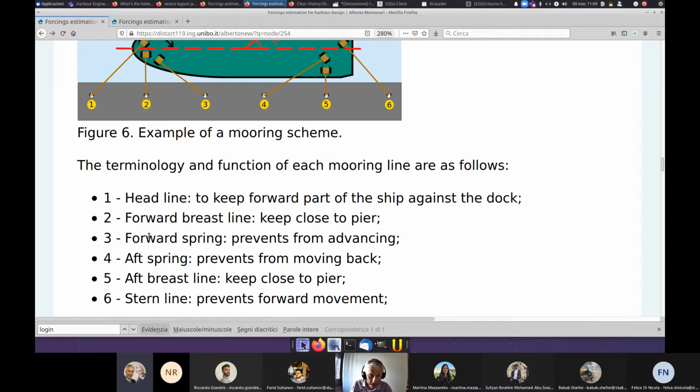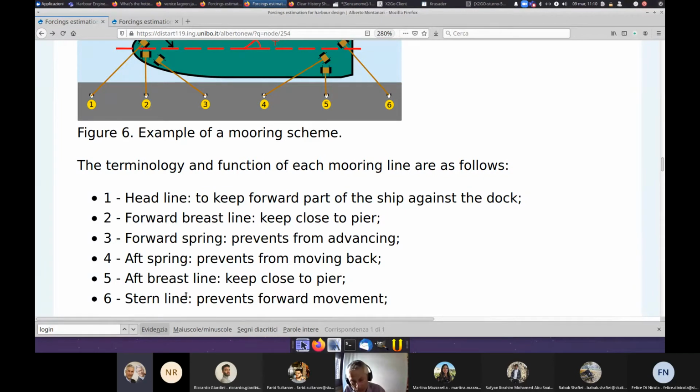And then you have 3 and 4, called the forward spring, and 4 is the aft spring. These two mooring lines prevent the ship from moving back and forth. Okay, it's clear, 3 and 4 prevent the ship moving forward and backward. And then we already said about 5, and number 6 has the same function as number 1. It's called the stern line, and prevents forward movement.